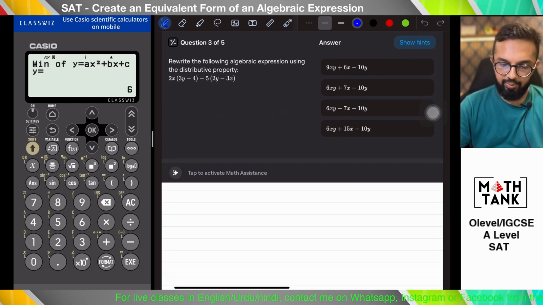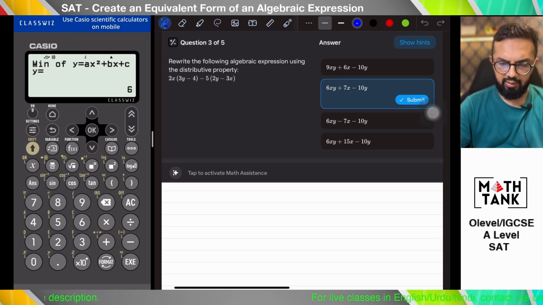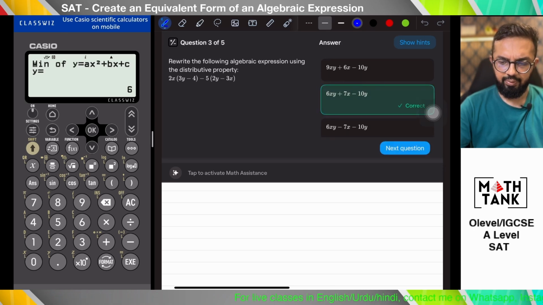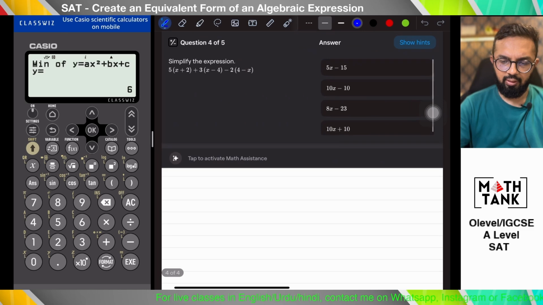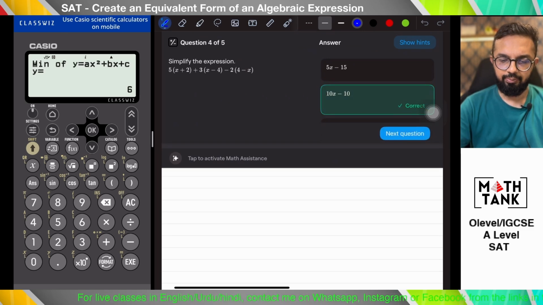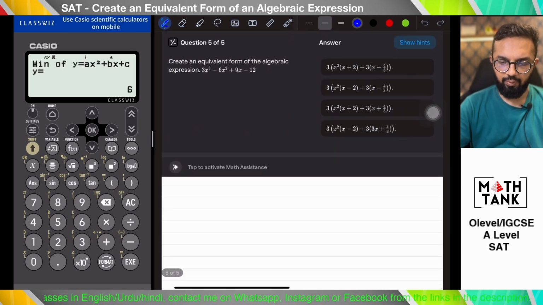I also don't remember this one. 6xy minus 8x minus 10y minus 15x plus 15x. So I think that should be the correct answer. This one I remember. You could do these again if you want.